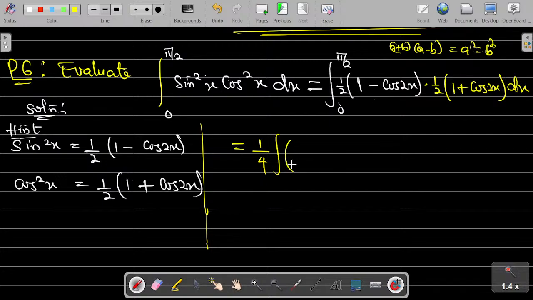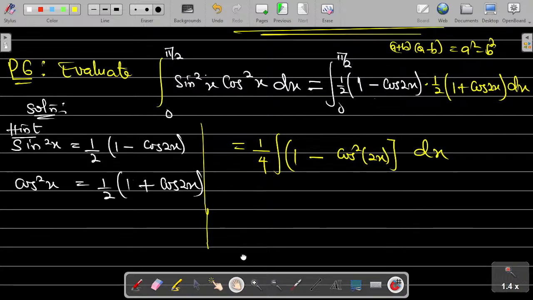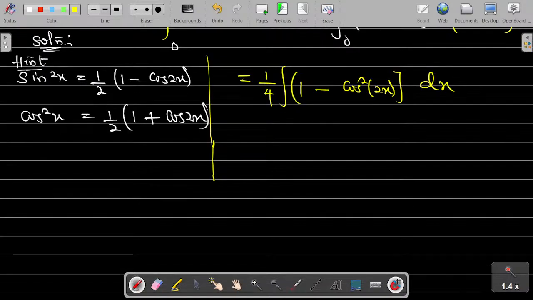So that's what I'm going to do now. My a is 1, so the square of 1 is 1, minus my b is cos of 2x, so I will square that now. Okay, and that's what we've got. Then you have your dx. You see that what I just did now was given by a blank space which you are expected to fill up. So what do we do next?